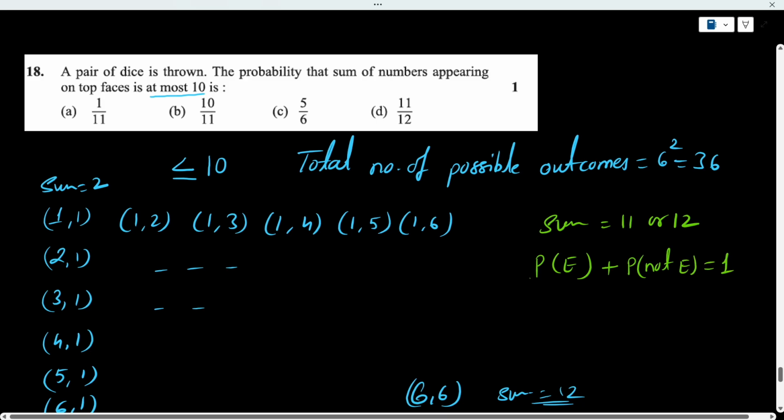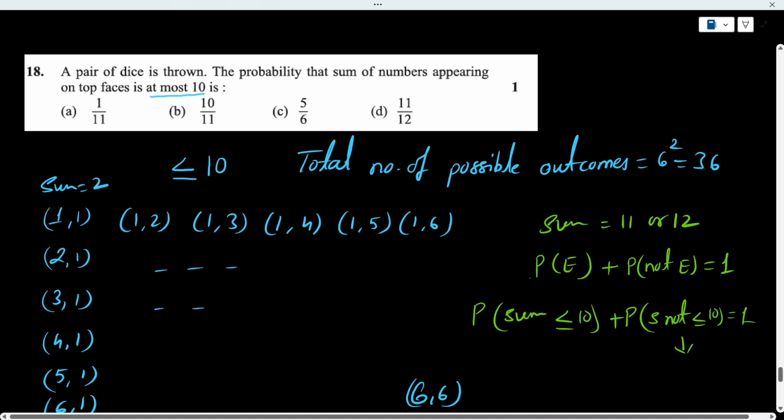The probability of an event happening and not happening is always 1. So what I'm getting here is the probability where the sum is less than or equal to 10 plus the probability where the sum is not less than or equal to 10 is equal to 1. I'll find out this, then easily I can subtract from 1 to reach my result. So what can I get? If the sum is not at most 10, what are the next possible sums here?